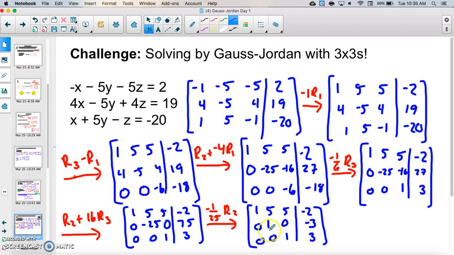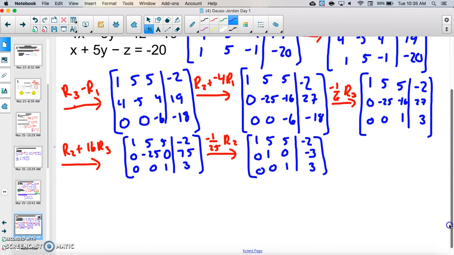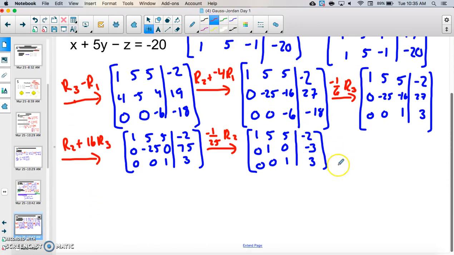Okay, so now these 1s can be used to help us get rid of the 5s. So using that, we can do row 1 plus negative 5 times row 2.